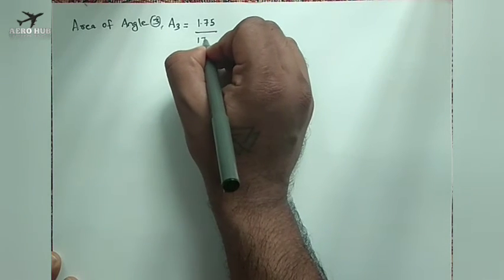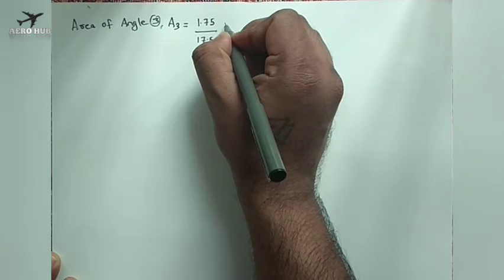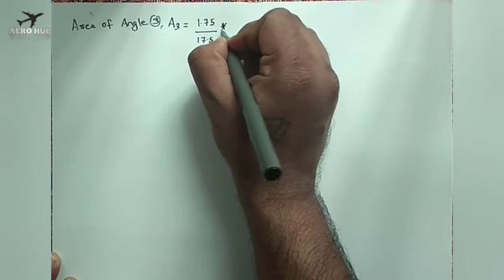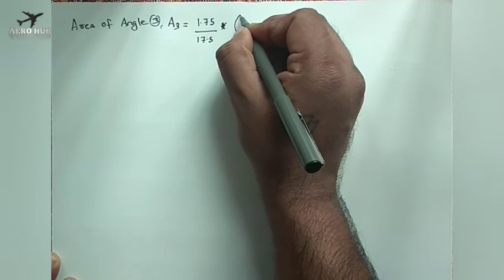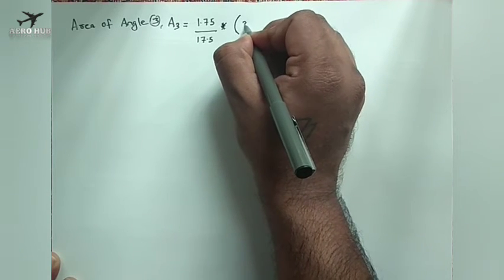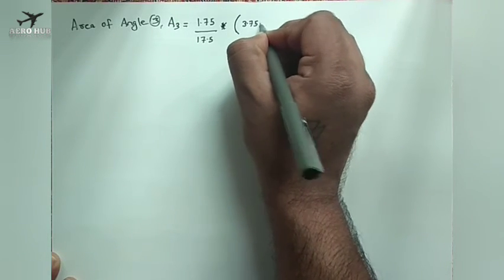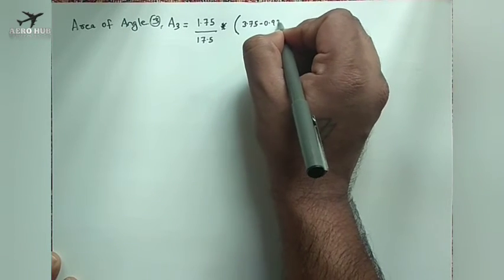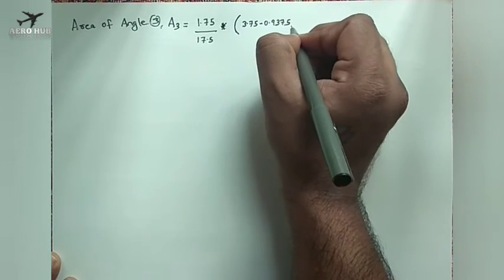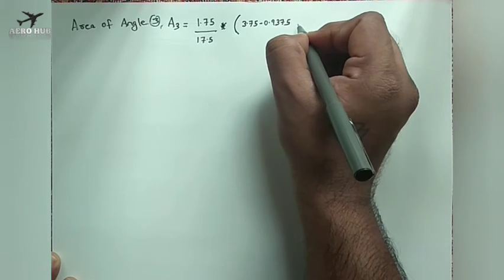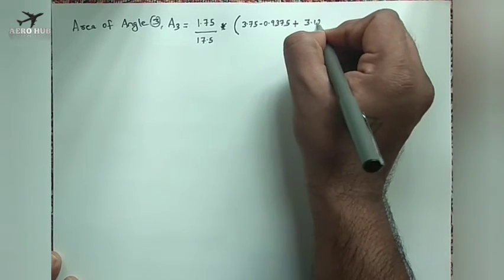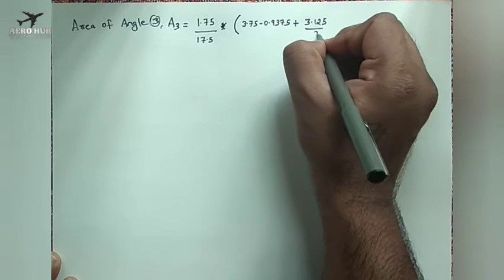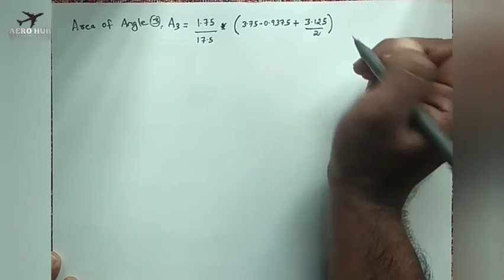The total length is 17.5. Now it is multiplied by the total length of angle 3. So the total length is 3.75 minus 0.9375. This is the vertical length of angle 3 plus 3.125 divided by 2. This is the horizontal length.